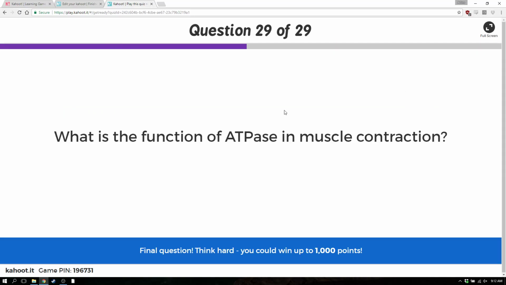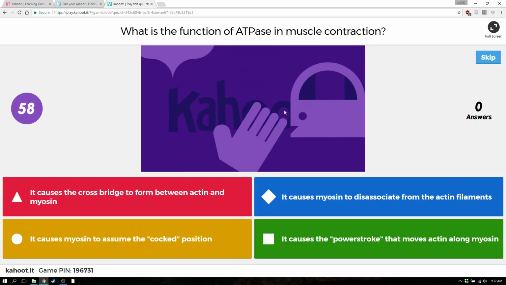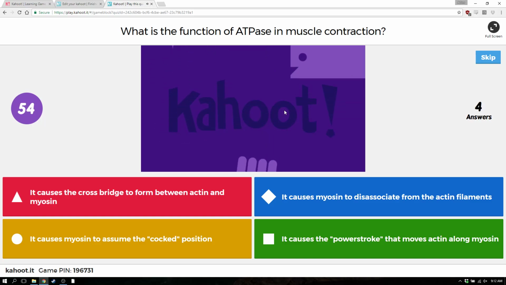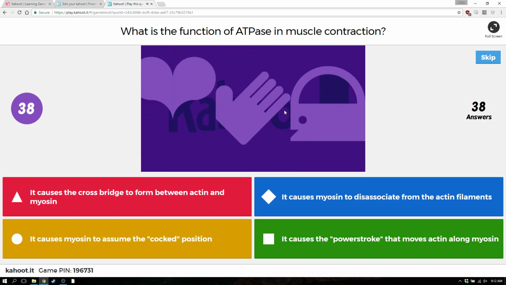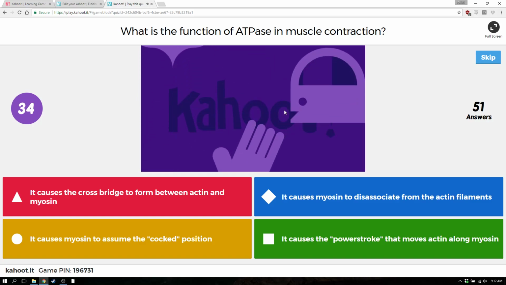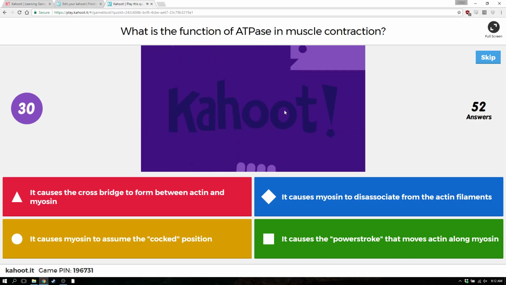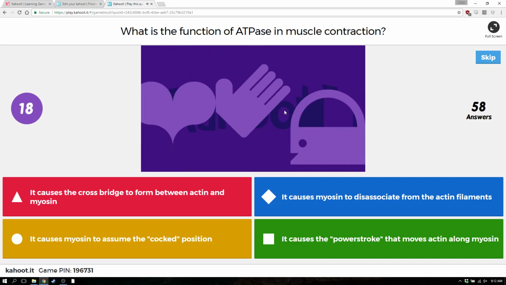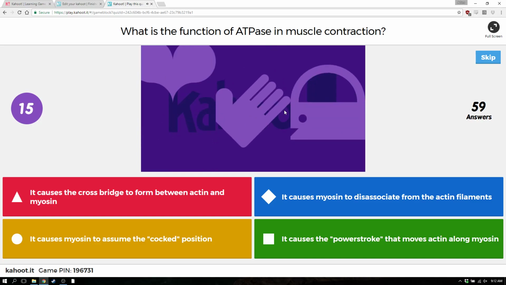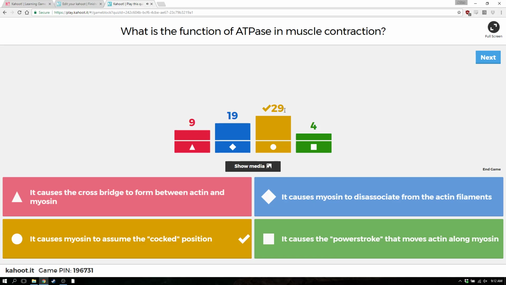What is the function of ATPase in muscle contraction? Yes, it causes the myosin to assume the cocked position where it's ready to bind again to actin, right?